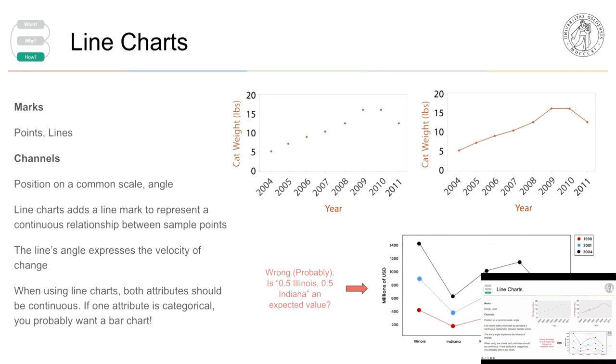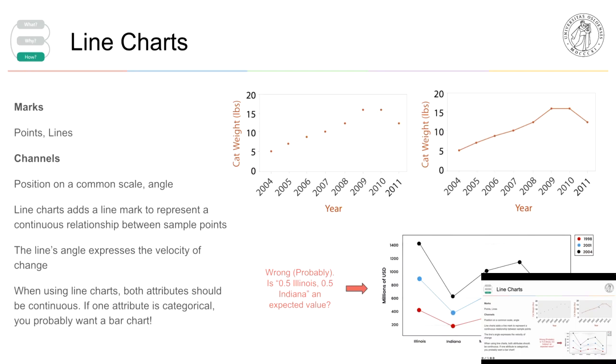Also, this line expresses the velocity of change during that period. Here we can see that the change in weight was slowly increasing, and then at some point between 2008 and 2009 there was a very rapid increase in weight, and then it stopped, and then there was a rapid decrease in weight.